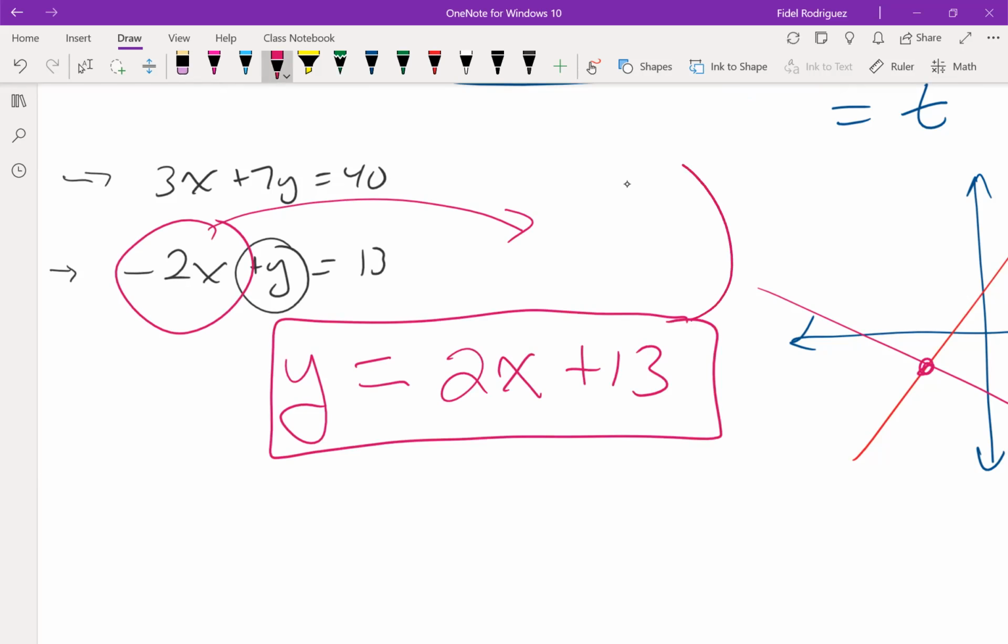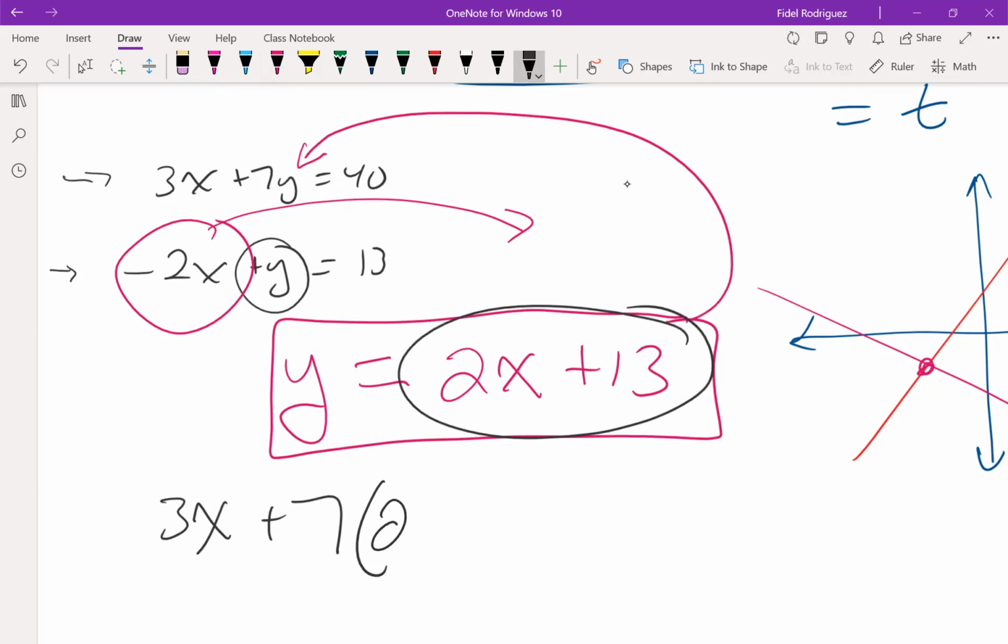So now we're going to plug that into the top equation. 3x plus 7 times, instead of writing y, I'm going to write 2x plus 13, and that's equal to 40.